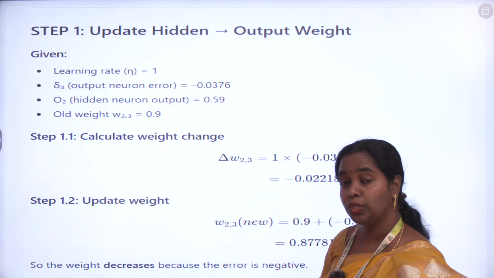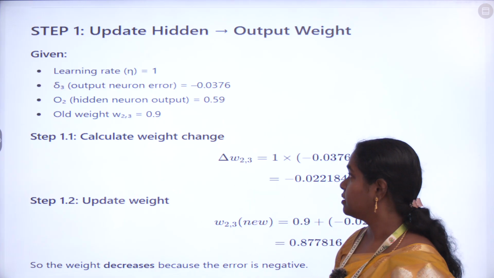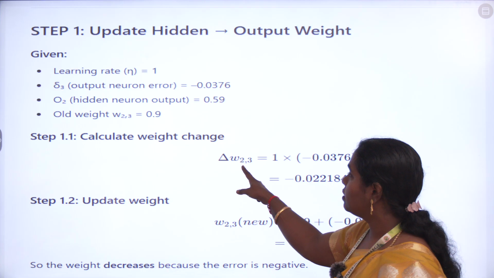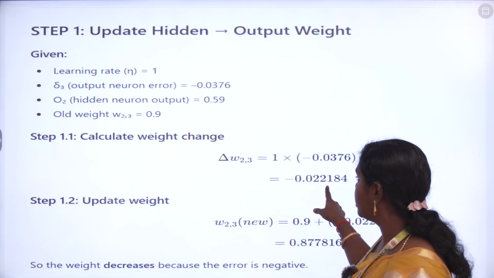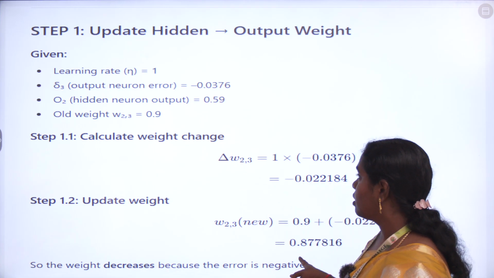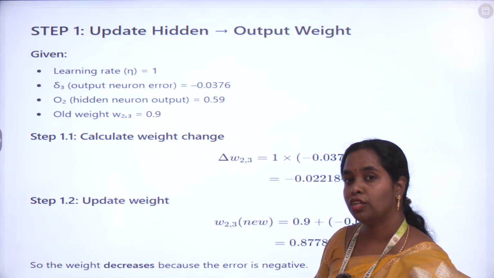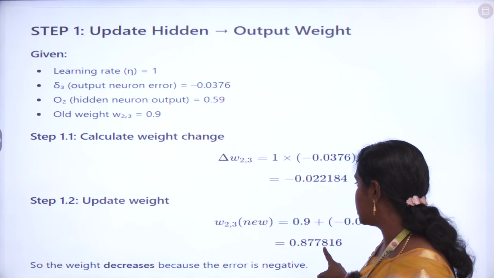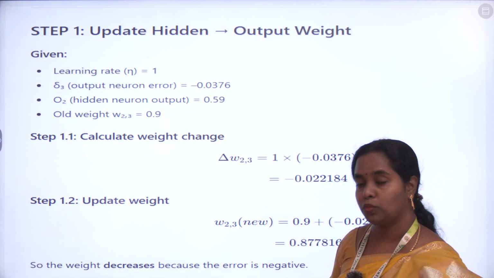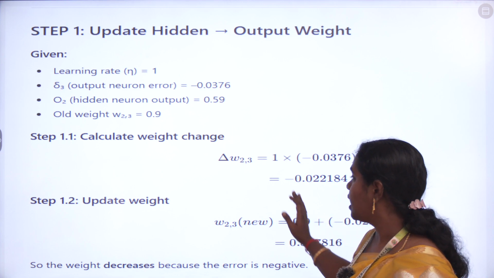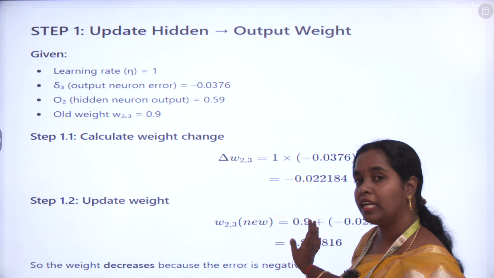So first you need to find the weight change. Already we have it for W2,3, which is 0.22184. Now the new weight of W2,3 is 0.877816. So it is decreasing the error in the negative direction.